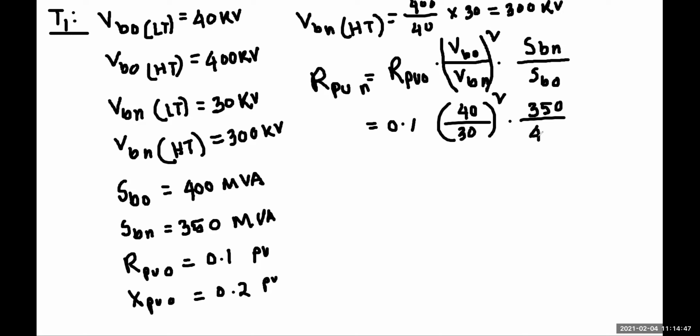This is 400, right? So how much did you get? 0.1, upper one is 40, lower one is 30. This one is 350, this one is 400. So if you got 0.156.